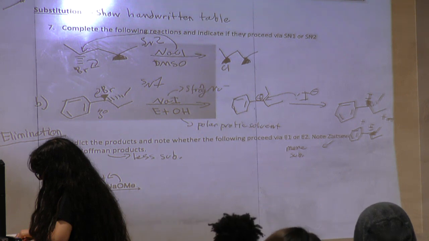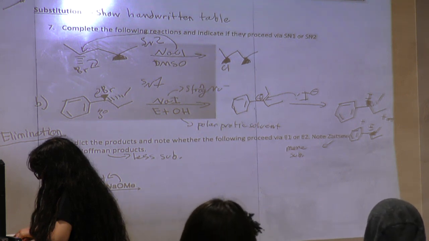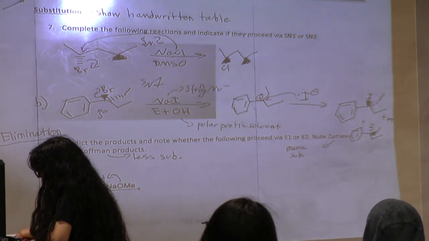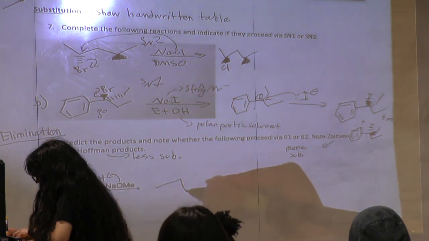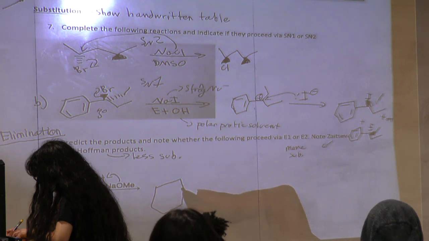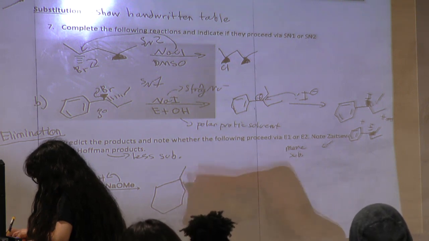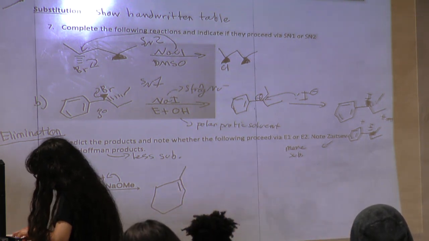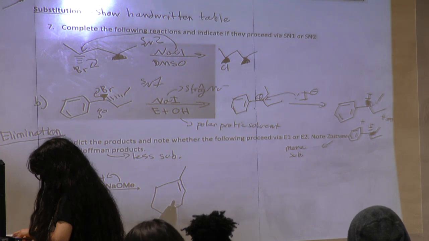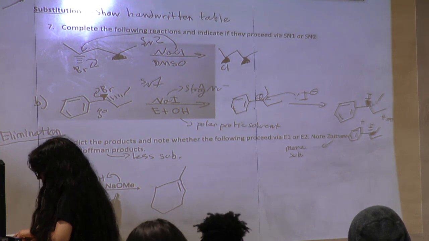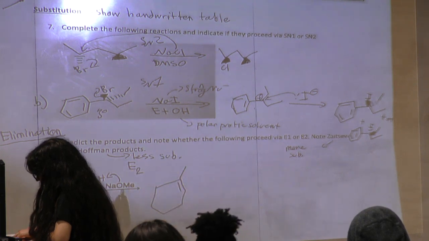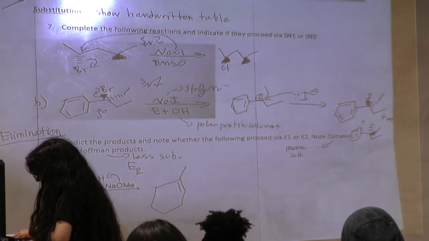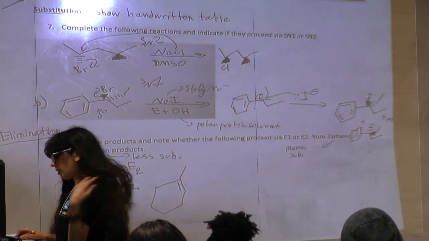I should have drawn the order: picking off the hydrogen, forming the double bond, and then the double bond formation causes the chlorine to kick off. That's going to look like this. How did I know that it was all going to occur in one step? It's an E2 reaction because this is tertiary and it's a strong base here.